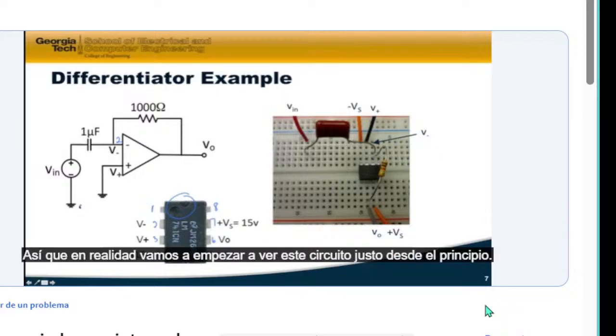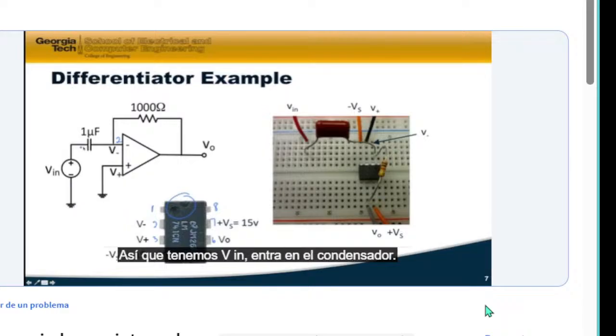So actually, let's start looking at this circuit right from the beginning. V in comes in from my function generator and goes into one side of the capacitor. The other end of the capacitor goes into V minus, which is the 2 pin. The capacitor also goes into the resistor, and the resistor is connected over to V sub 0.